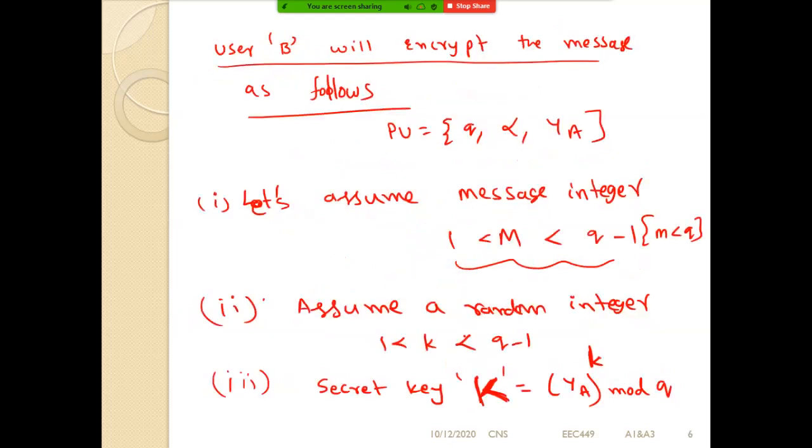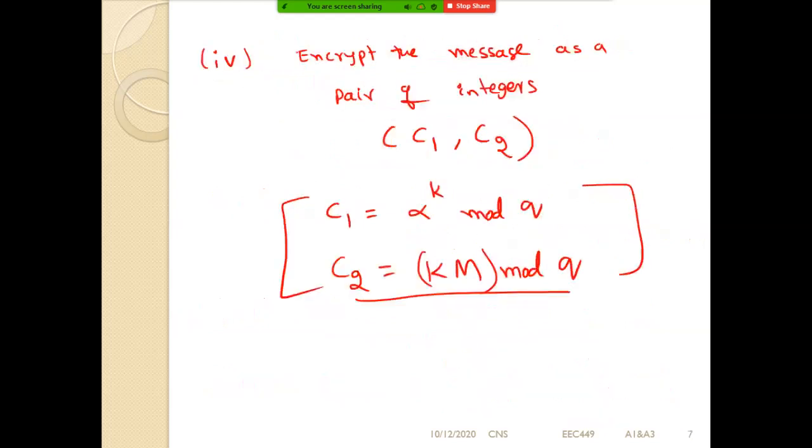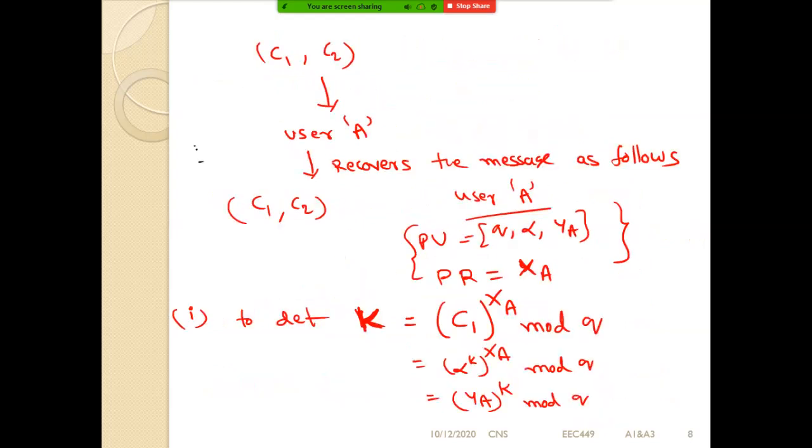See this? Yes or no? Same, right? This is the proof, such that the capital K can be determined like this also using the ciphertext integer C1. Please confirm, is it clear? This is just a proof. Yes, sir. Capital K.